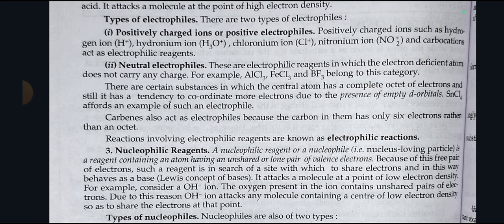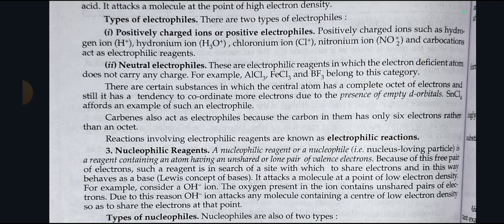Second, neutral electrophiles. These are electrophilic reagents in which the electron-deficient atom does not carry any charge. For example, AlCl3, FeCl3, BF3 belong to this category. There are certain substances in which the central atom has a complete octet of electrons and still has a tendency to coordinate more electrons due to the presence of empty d orbitals.